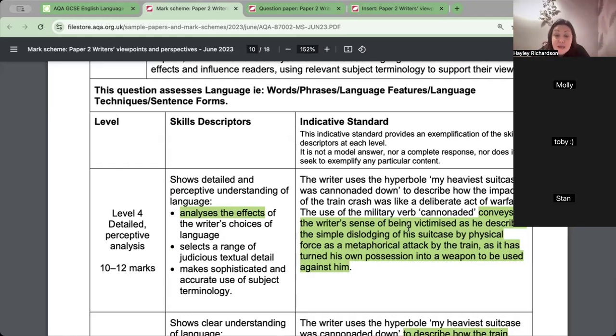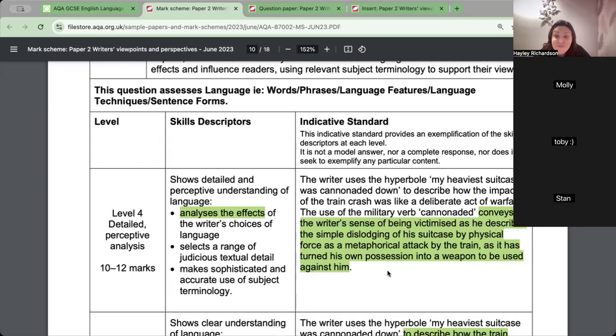So the use of the military verb cannonaded conveys the writer's sense. Oh, here we go. Really clear, obvious, like lights going rah, rah, rah. The writer's sense. Yeah, this person who's writing this answer has very cleverly been really obvious and said, the writer is doing this, the writer has a sense of this, and they're writing that.